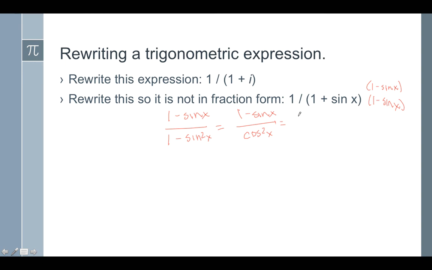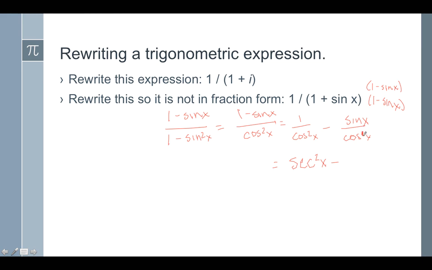What we're going to do is say this is actually 1 over cosine squared x minus sine x over cosine squared x. And here's where things get a little interesting. 1 over cosine squared is secant squared x. Sine over cosine is tangent, but I have an extra leftover cosine.